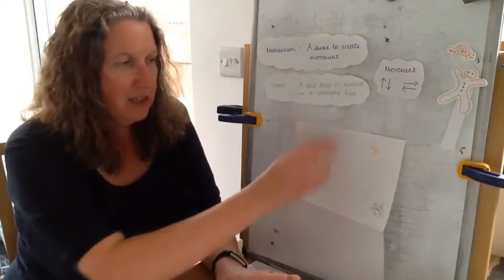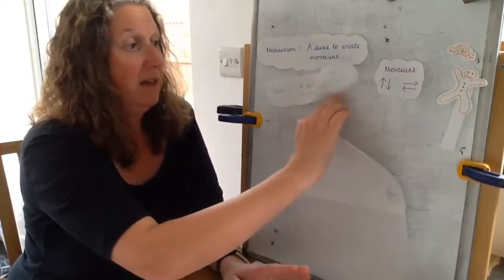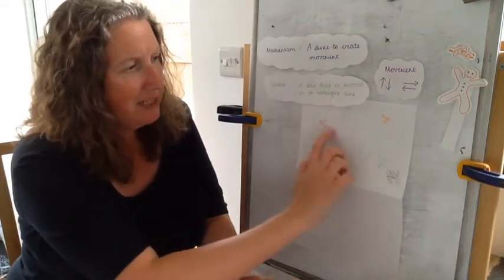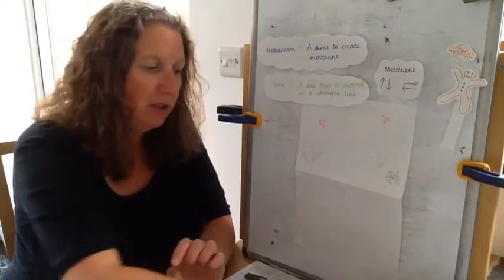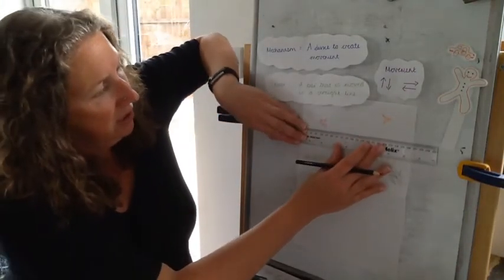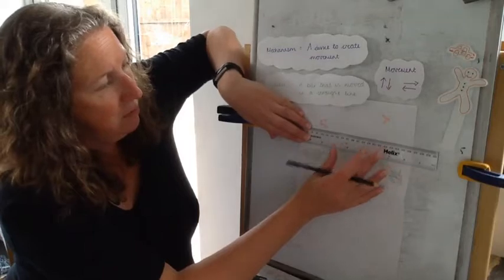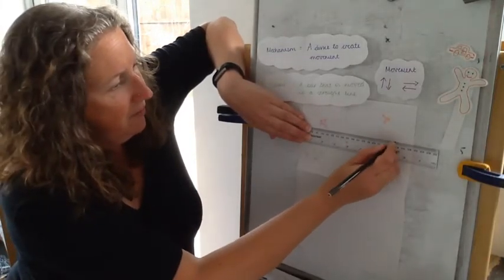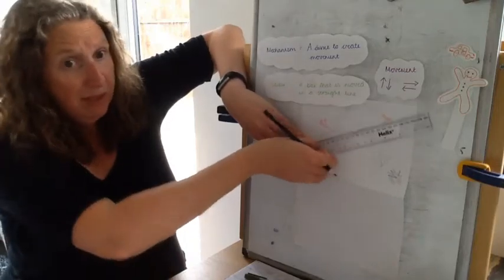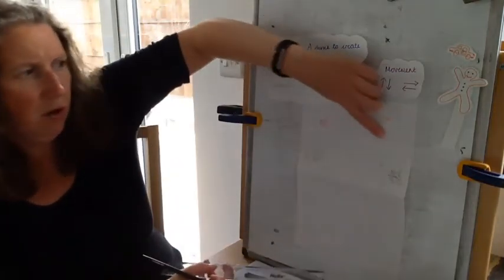I then need to decide and draw my slider mechanism. So whereabouts is my slider mechanism going to go? I'm going to draw that as a line. I want my mermaid to swim along the sea, so I'm just going to draw along here. And when it comes to doing my card, this is where I will cut along.